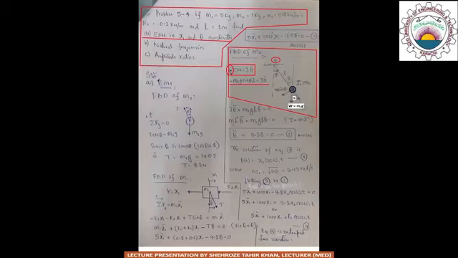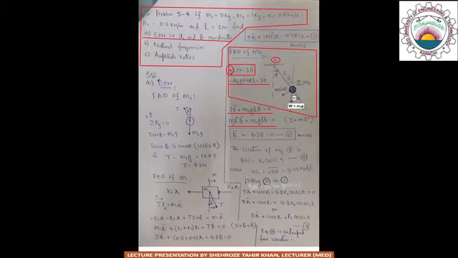Since, as described earlier, for very small angular displacements theta, the trigonometric function sine theta becomes theta. Therefore, we have J theta double dot plus m2 g L theta is equal to 0, or m2 L squared theta double dot plus m2 g L theta is equal to 0.